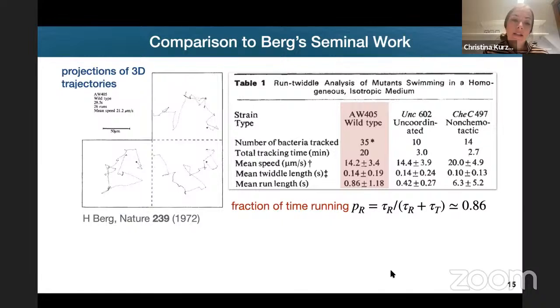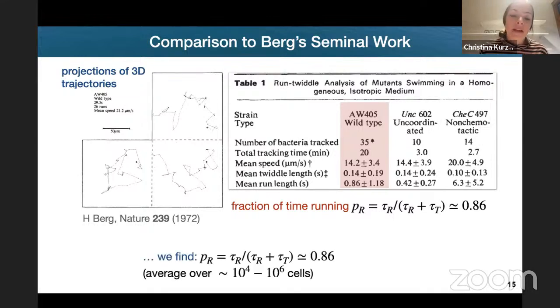Now in Berg's work, they looked at 3D tracking actually of about 35 cells. And they find a mean tumbling time of about 0.14 and a mean run length of about 0.86, which are a bit different to what we see, but overall they see a fraction of time running of about 0.86.